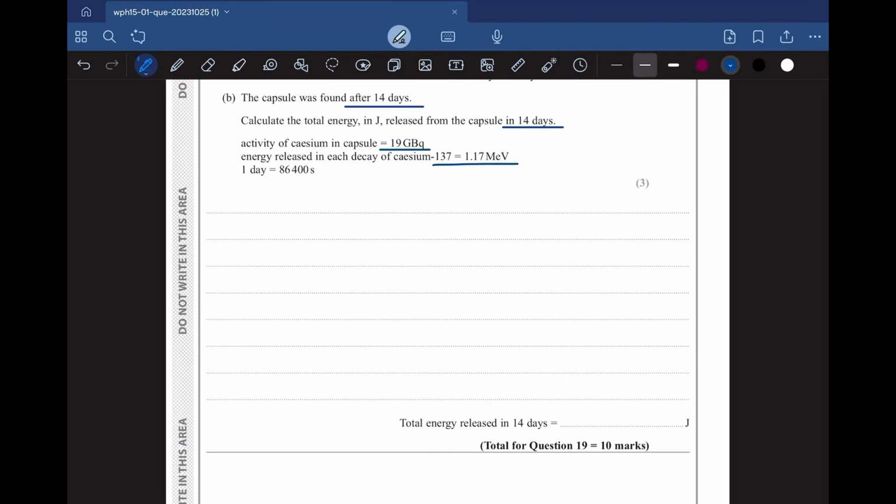As they have given us energy released in each decay, we'll have to take into consideration how much decay happened in that capsule in those 14 days, which will give us the total energy released. To figure that out, you have to use this activity. We know the formula of activity is the number of atoms decayed per second.